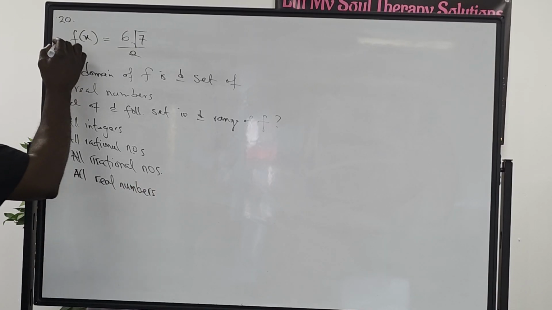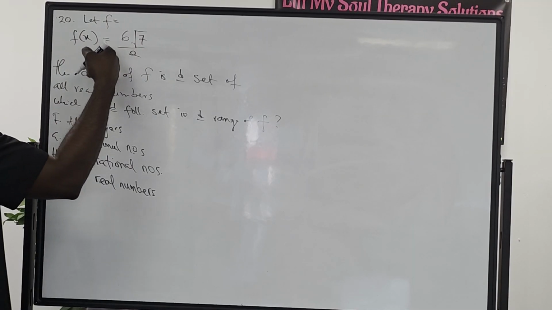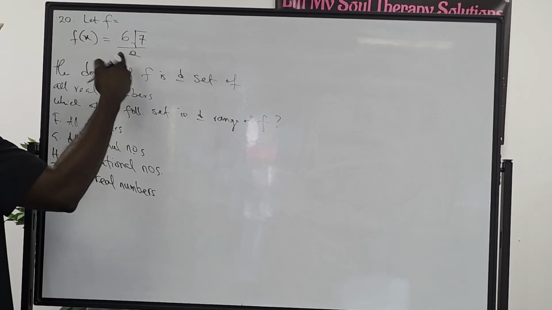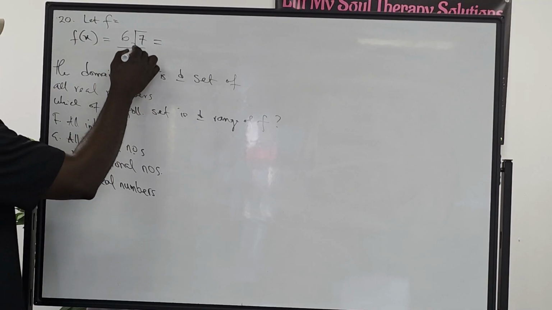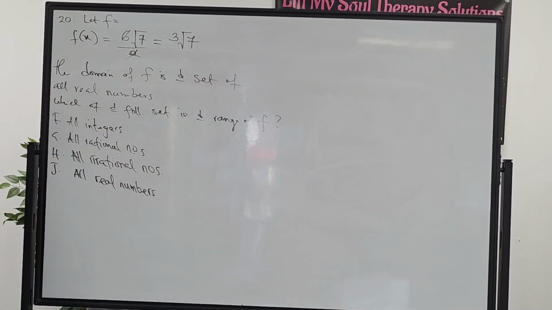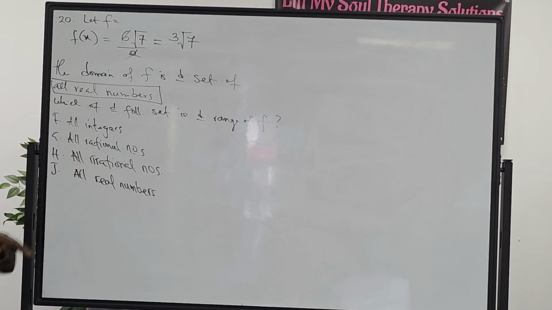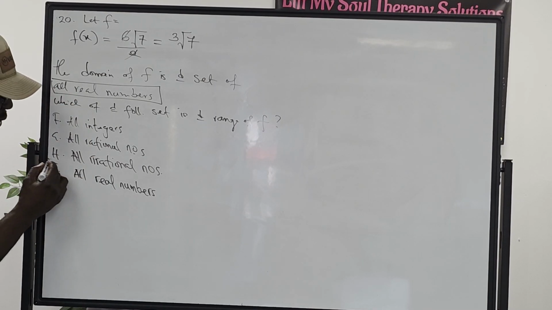So here, we say let f be the function of x, f of x equals 6 root of 7 over 2. If we simplify this, 2 into 6 is 3, so you have 3 root 7. The domain of f is the set of all real numbers. Again, all real numbers. Which of the following sets is the range of f? Again, it just told you the answer, all real numbers. So now the answer is going to be all real numbers. That is the answer.